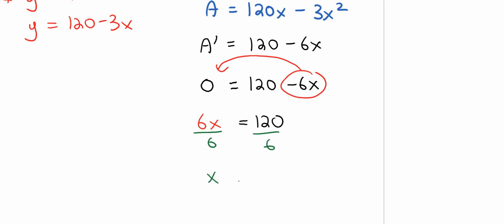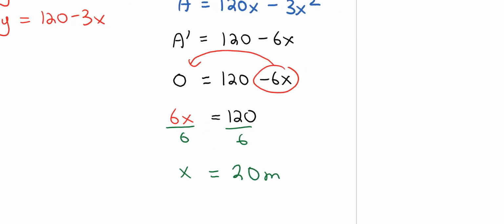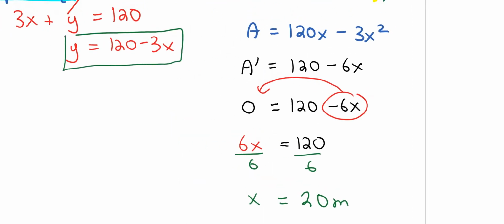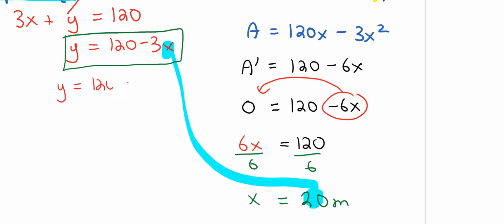If I do that, x would now equal 20, so 20 meters. If I go back to my helper equation, now that I've found x to be 20, I can plug that in there. Now y would equal 120 minus 3 times 20. So that's going to be 120 minus 60.